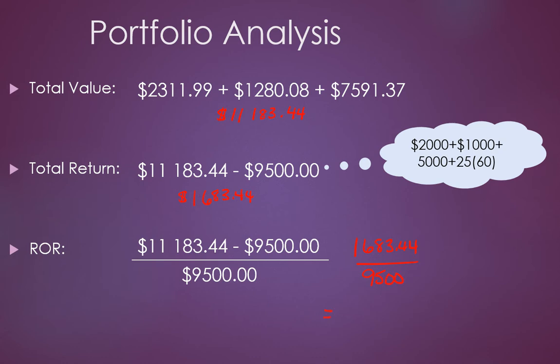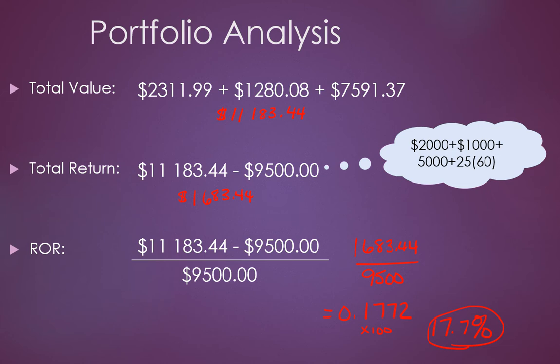And that gives you a decimal, 0.1772. And I multiply that by 100 to get the percentage. So the rate of return is 17.7%, which is not a bad rate of return really overall, 17%.